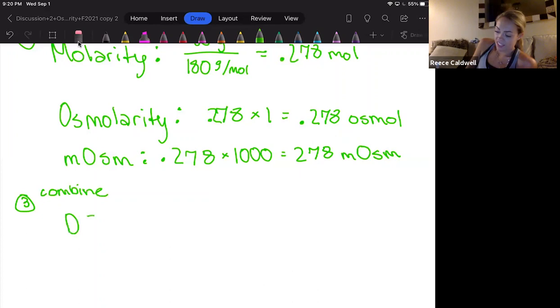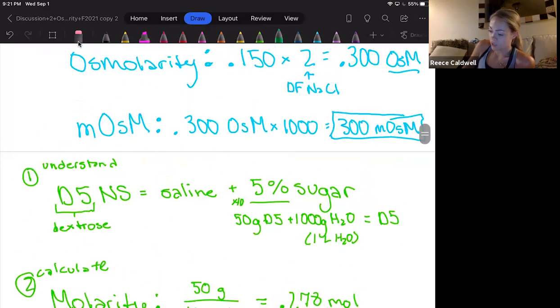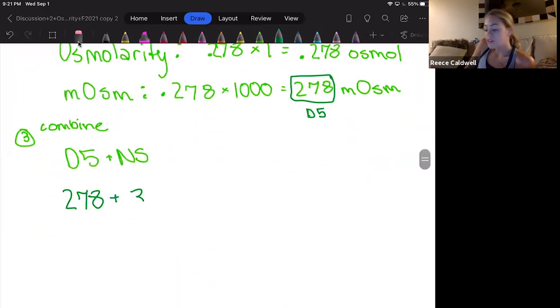So we have that D5 plus that normal saline. So what we're going to see is our D5, which I'll label right here. That is D5. So we'll take that 278 and then we will add our normal saline, which we solved for right up here, 300 milliosmoles.